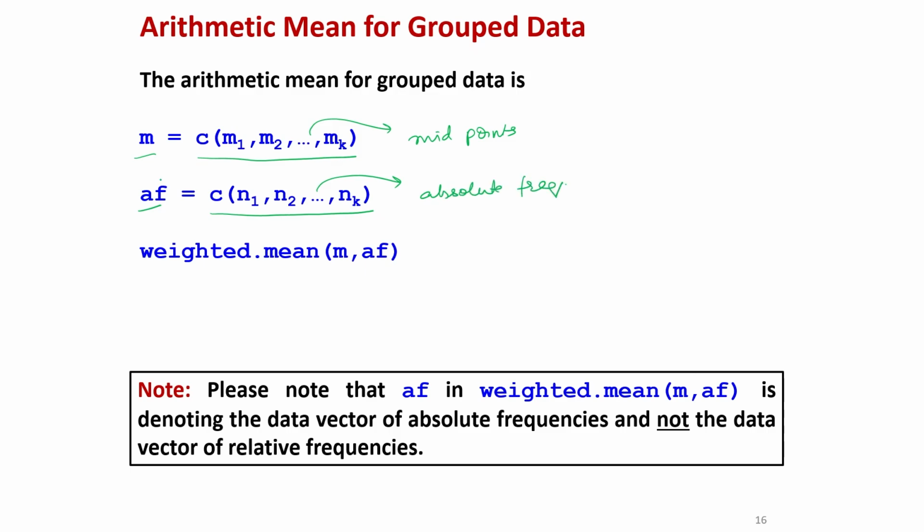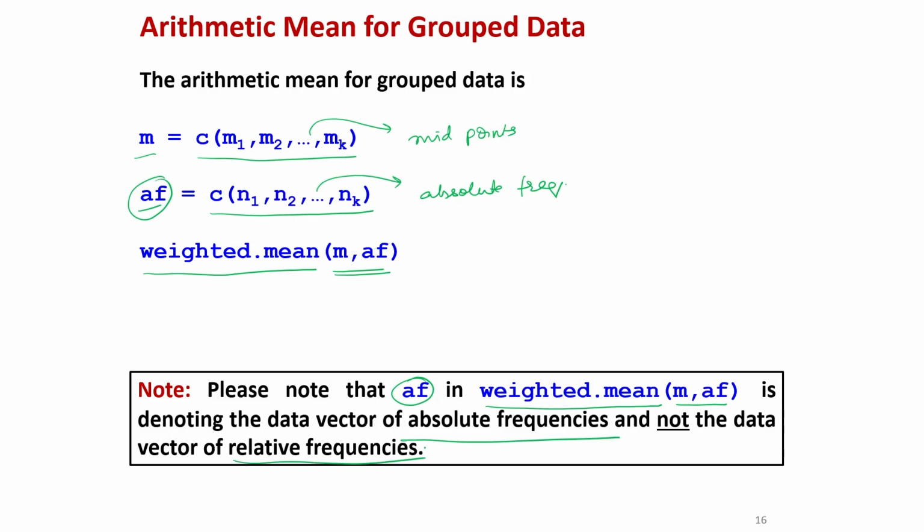So this I am denoting by af, absolute frequency. And now I use the command weighted.mean, and within parentheses m comma af. One thing you have to keep in mind here is that this data vector af in weighted.mean(m, af) denotes the data vector of the absolute frequencies and not the data vector of the relative frequency.